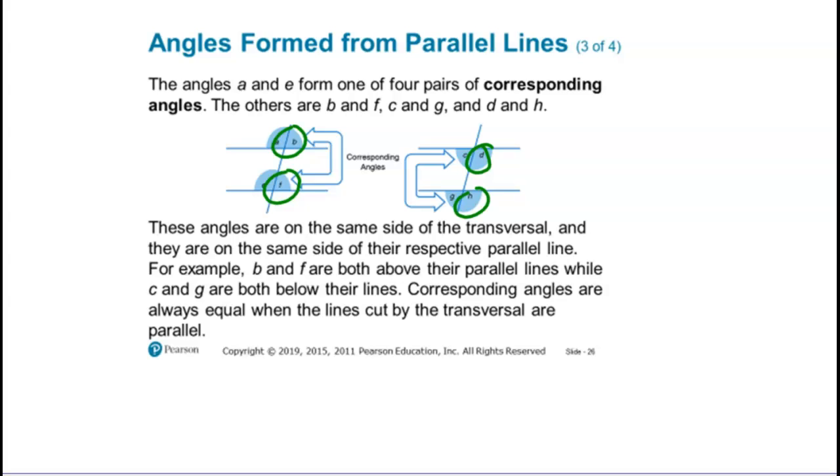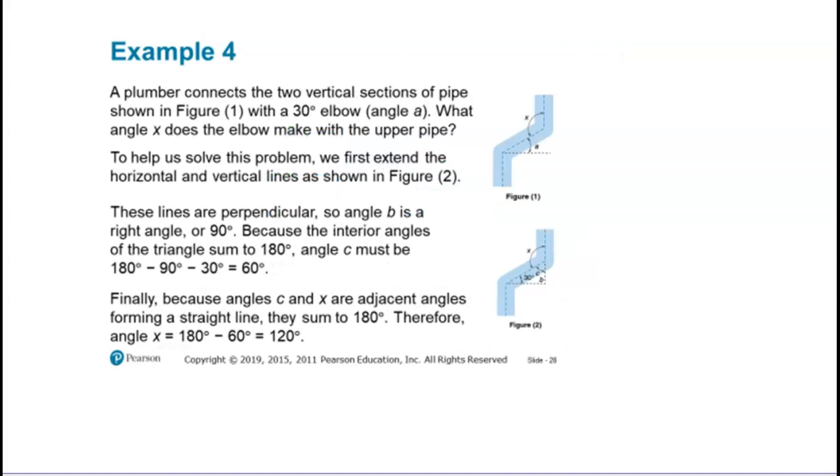And this is applicable in real-world scenarios. So let's look at this real-world scenario where a plumber is connecting two vertical sections of pipe, and you'll notice that the pipe has a 30-degree elbow here.